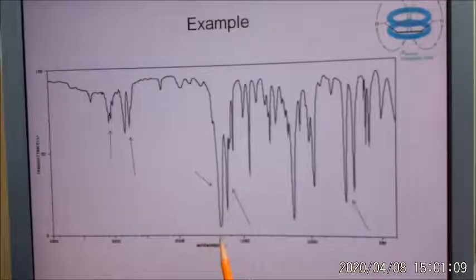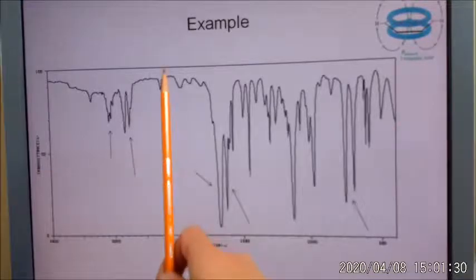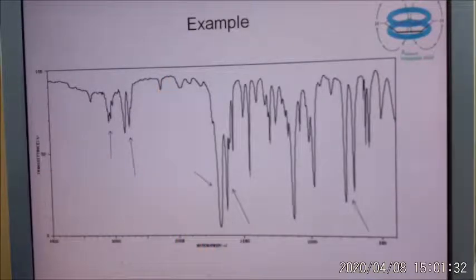Now, why is it at 1680 and not at 1710 or 1720? Maybe it's conjugated. Okay, so we have a conjugated aldehyde system. The aldehyde needs to be conjugated next to either my phenyl group or a double bond or triple bond. But does it make sense? Internal triple bond?